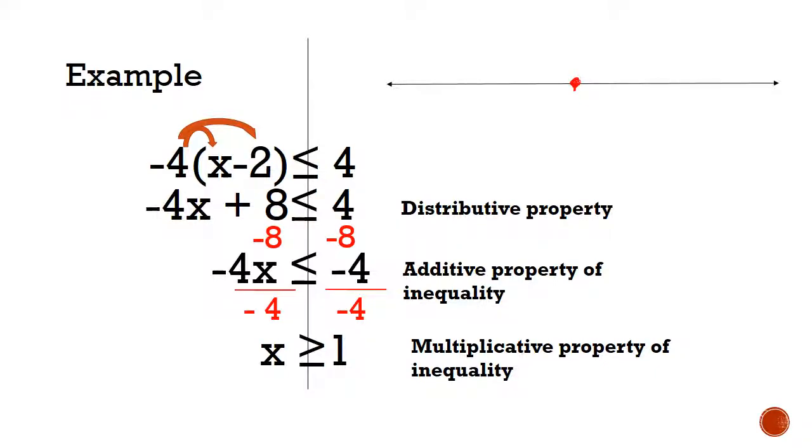The inequality says that we need to include every single number equal to 1, that's why I have a closed circle. And every single number greater than 1, so that's why I'm going to shade to the right of the circle. And this is how I represent the solution set. The solution set is infinite numbers. It's every single number equal to or greater than 1.